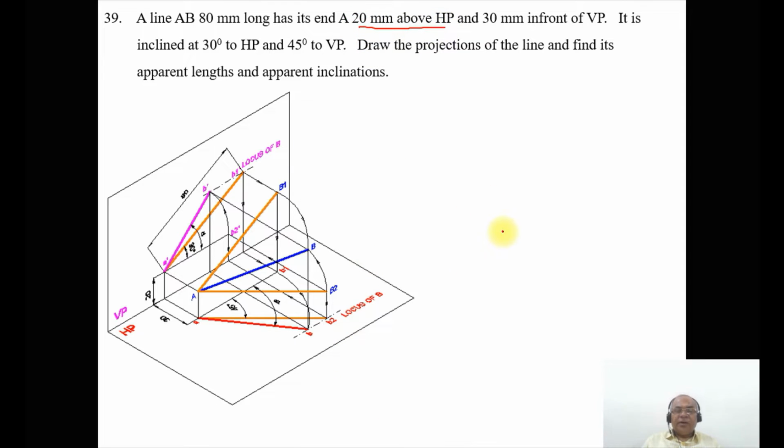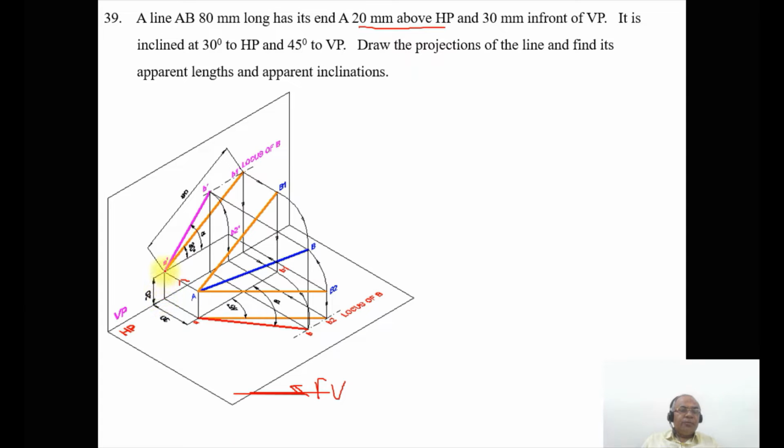How do I look for above HP? When you look from the front view, you can see the distance above HP. That image falls on VP, and you can see that projection.